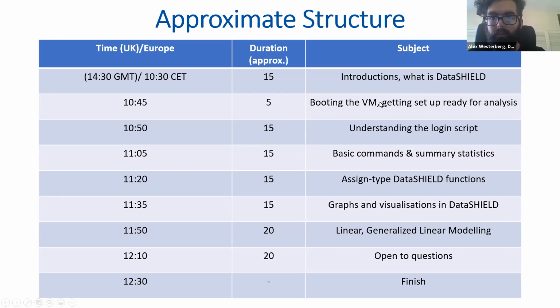That's VM there. Sorry, the times are actually a bit wrong here, but from about 20 minutes time onwards, we'll be slowly going through a script I created earlier, doing various things like logging in, commands, summary statistics, and so on.